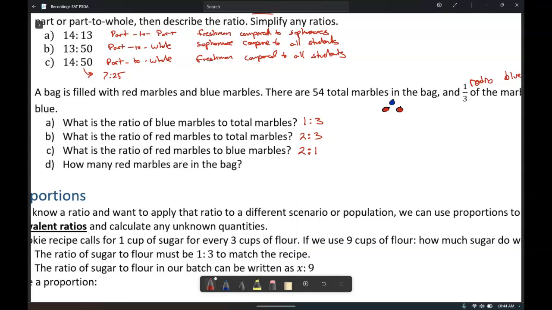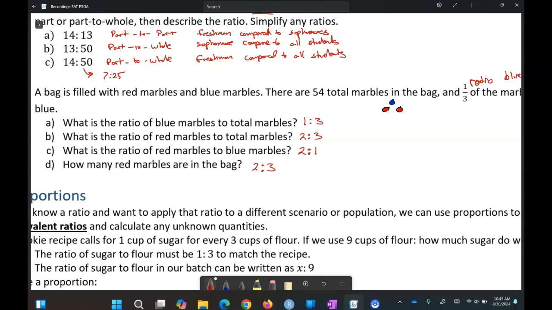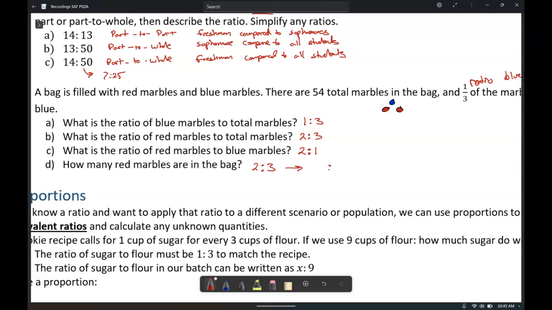How many red marbles are in the bag? Well, now we have to think about how we can compare ratios, and we'll look at these in more detail with proportions. But let's look at the comparison that we're going to use, 2 to 3: 2 red marbles for every 3 marbles total. And if we know that we have a total of 54 marbles in the bag, we need to figure out how many of those are red.